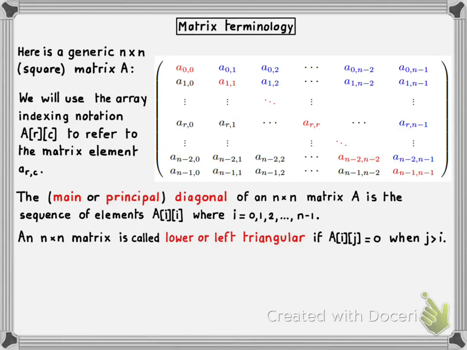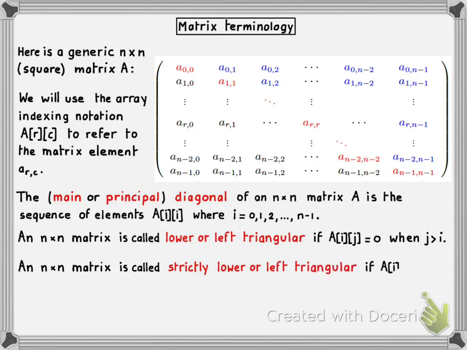Our last definition has to do with a special case of these lower triangular matrices. What if not only all the blue elements here are 0, but so are the red elements? In that case, we still are left with a lower triangular matrix, here the black elements. But when the red elements are also all equal to 0, we have a special case of matrices called a strictly lower or left triangular matrix.